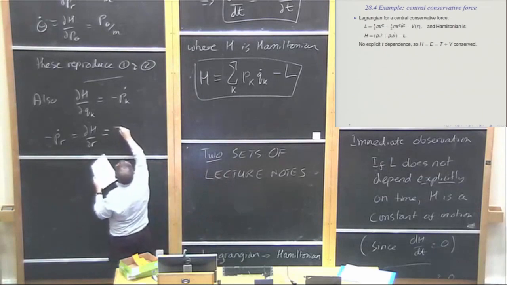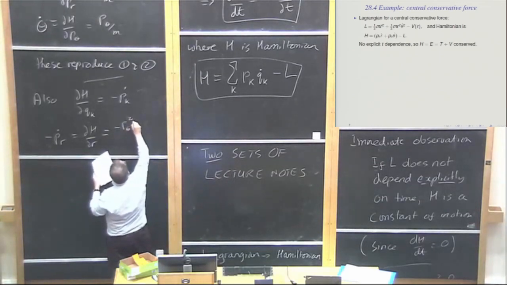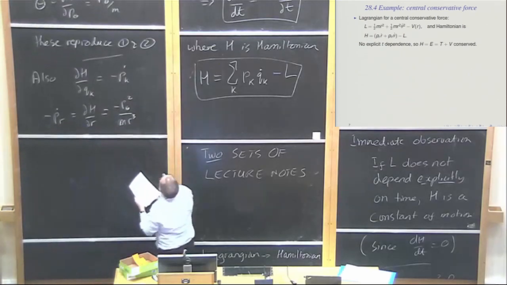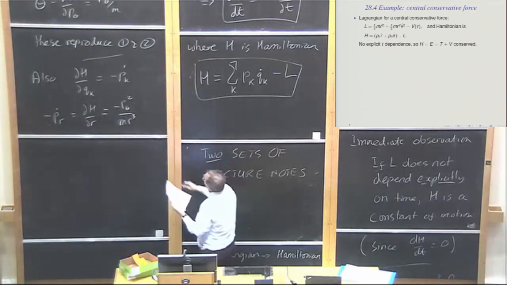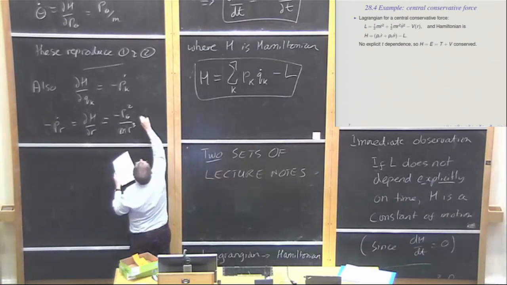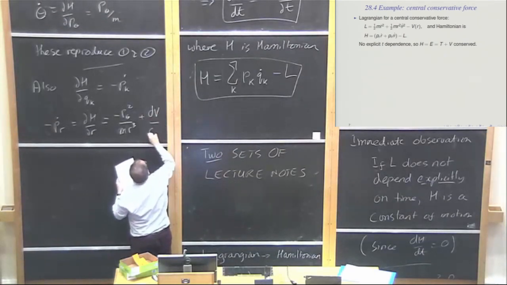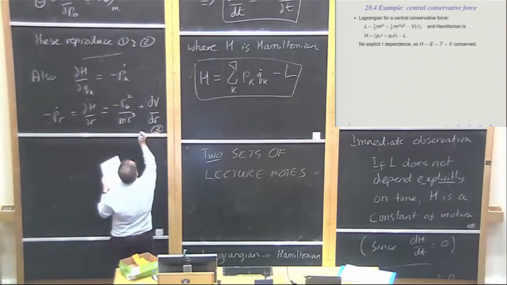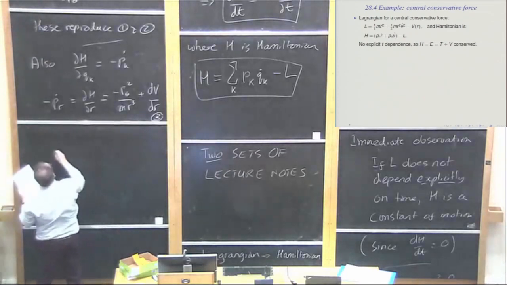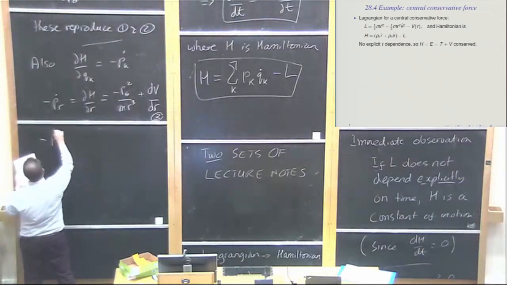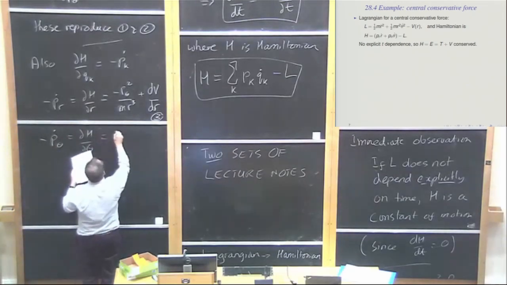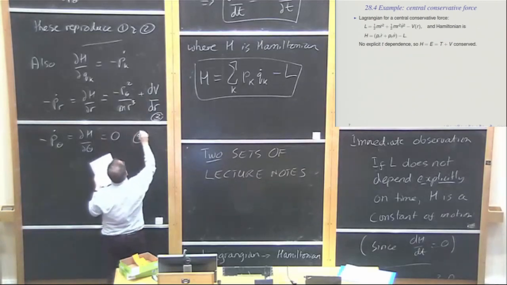Well, we're going to have minus p theta squared over m r cubed plus dV by dr. Okay, let's call this equation 3. And we will also then have, for minus p theta dot, that's going to be dH by d theta, which is going to be 0. Let's call that equation 4.